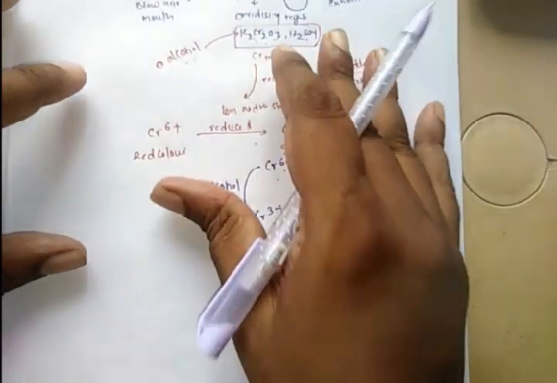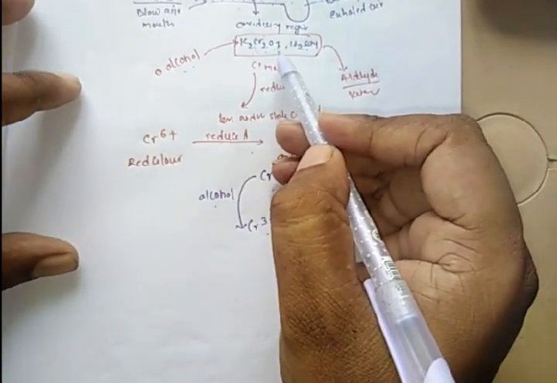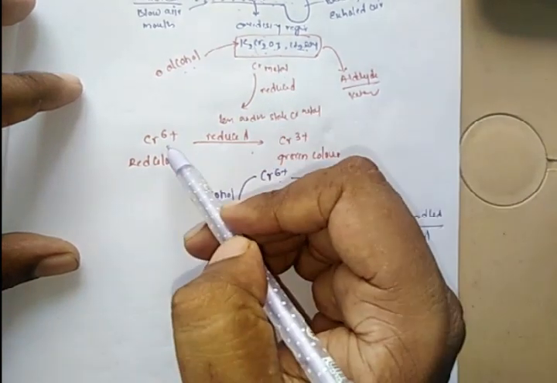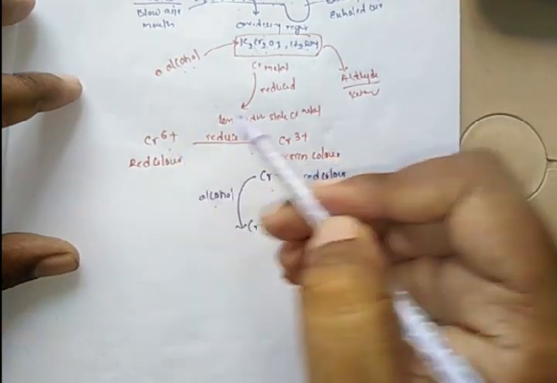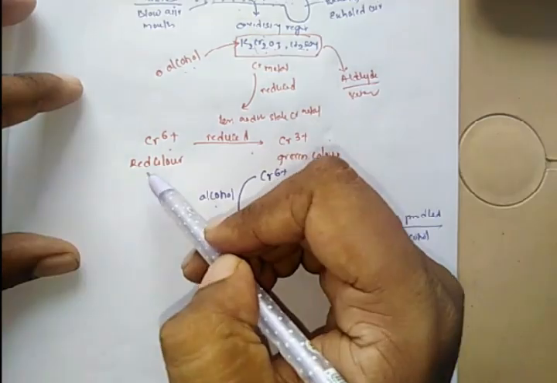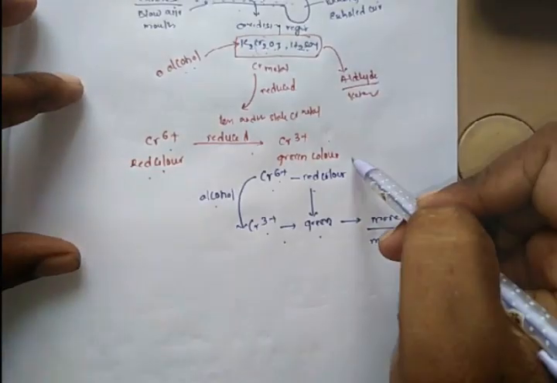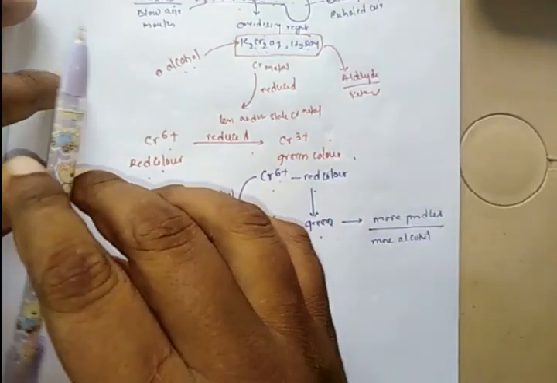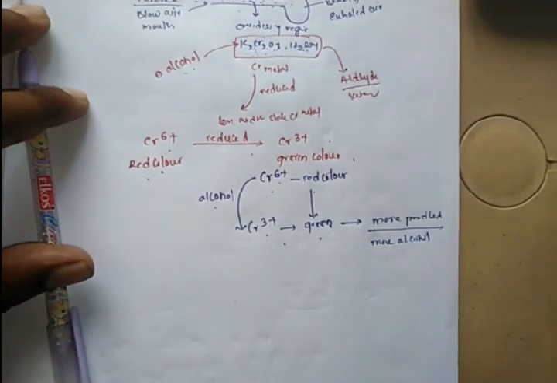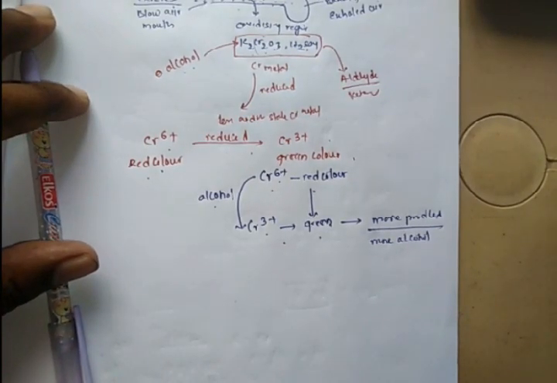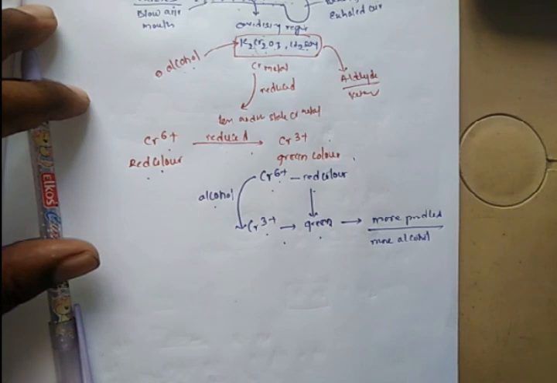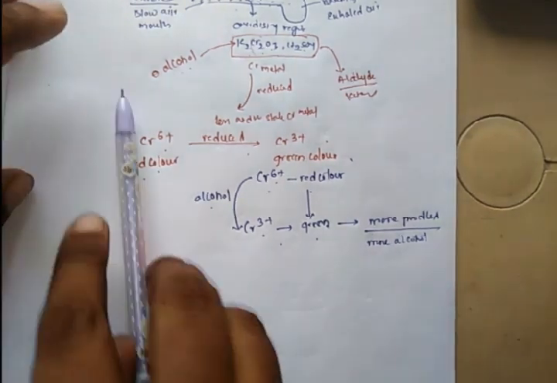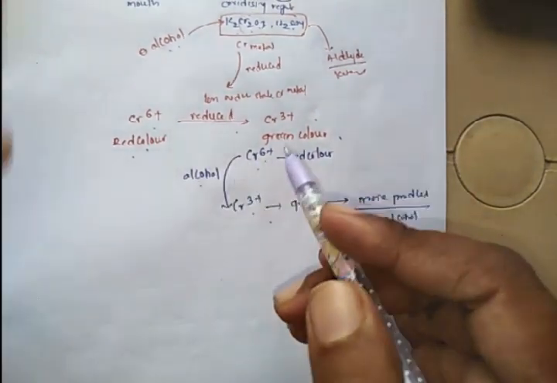Generally the chromium in non-reduced form is Cr6+. Whenever it is reduced into Cr3+, the color changes from red to green. This color change is used to detect whether the person is alcoholic or non-alcoholic.